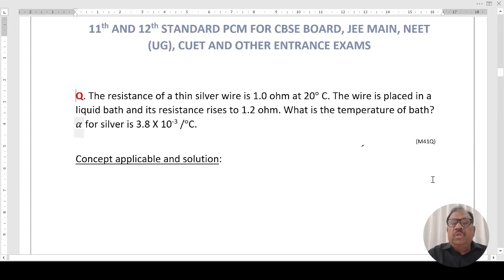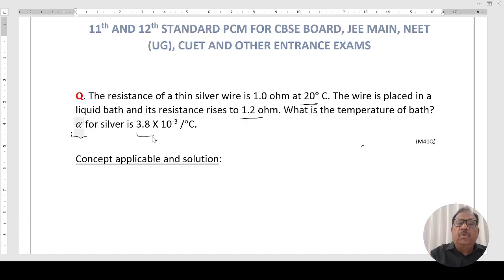Question is, the resistance of a thin silver wire is 1 ohm at 20 degrees centigrade. The wire is placed in a liquid bath and the resistance is found to be 1.2 ohm. What is the temperature of the bath? Alpha, that is the temperature coefficient of resistance of silver, is 3.8 into 10 to the minus 3 per degree centigrade.